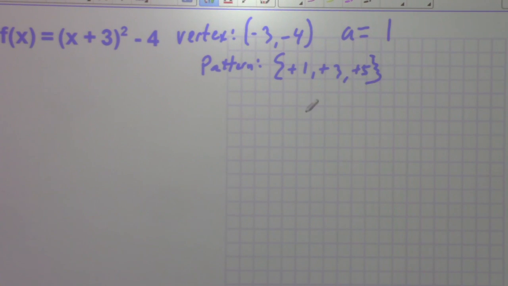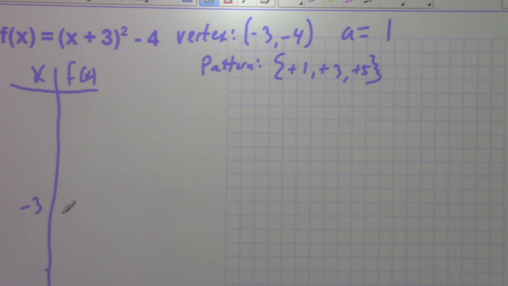And so now we can just go ahead and write it out like this. X, f of x. And we know that our vertex is at -3, comma -4, so we can just write that right in place.